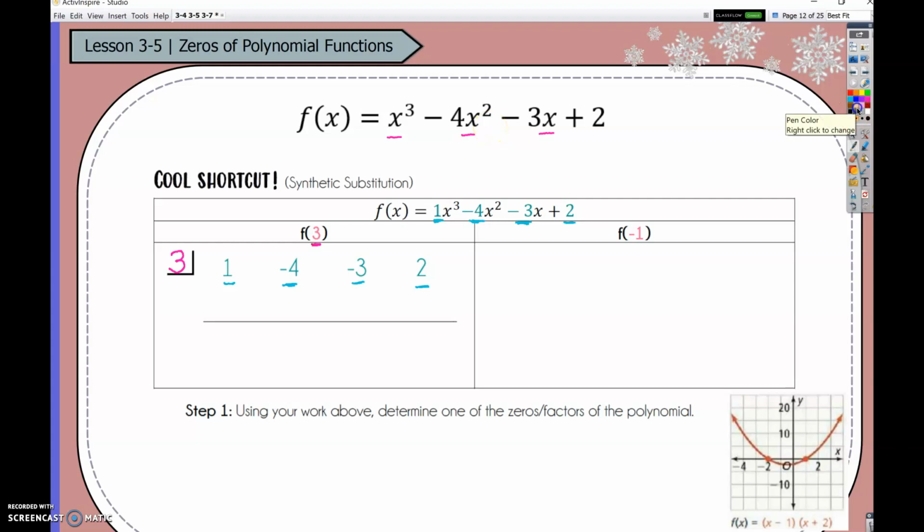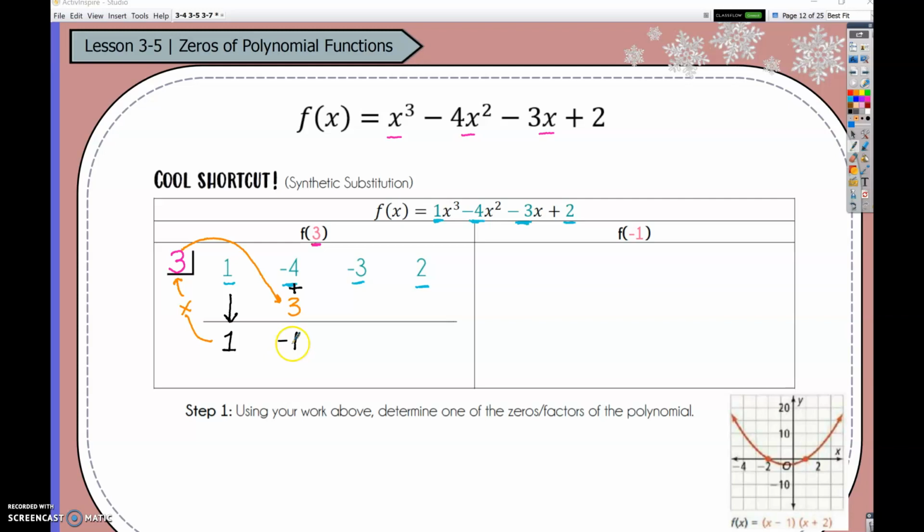So how this process goes, you're going to drop the 1 down below this line. Our first step is to drop that 1. Then we're going to take our 1 and multiply it by this number in the box. So 1 times 3 is 3. And we throw that product of 3 out here. Then with these two numbers stacked, we're going to take our negative 4 and add it to 3, and that would give me negative 1.